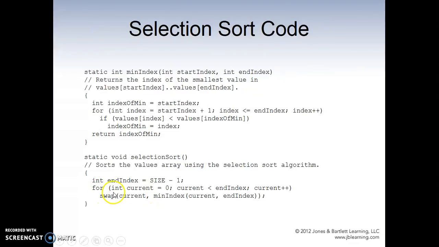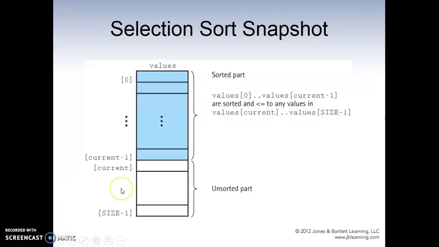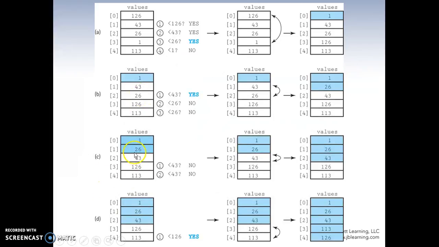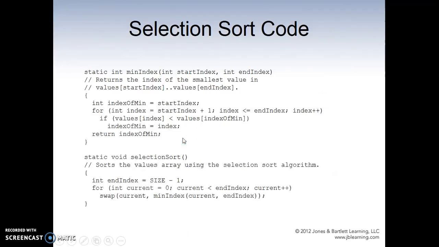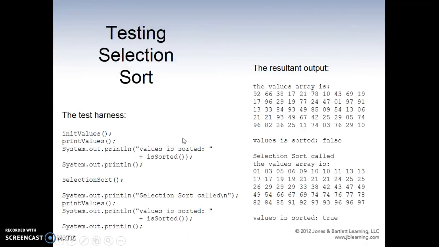It still has to swap with itself. But that is what we look at here. Even if we found 43 is the min, which is the same as current, it takes itself and puts itself back. Okay, so this is the selection sort, and once we run the program and call selection sort, now the list will be sorted.